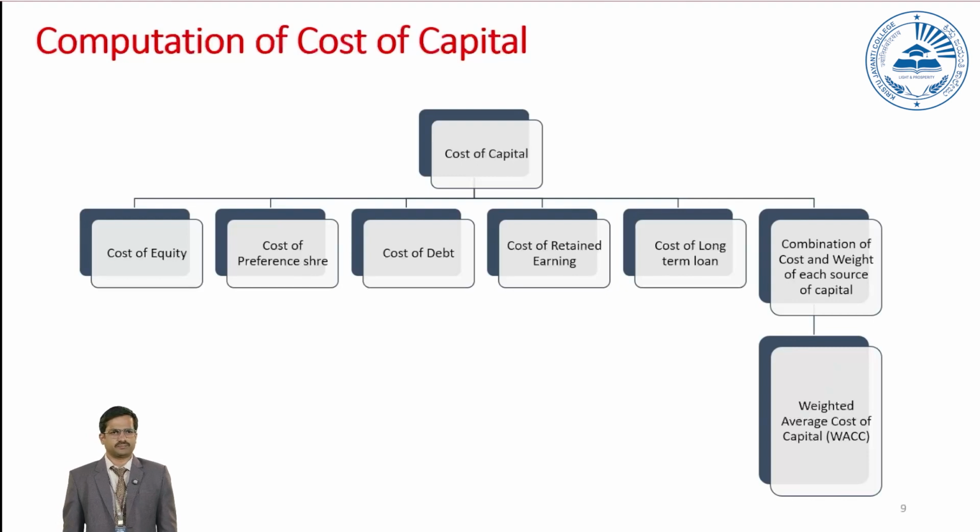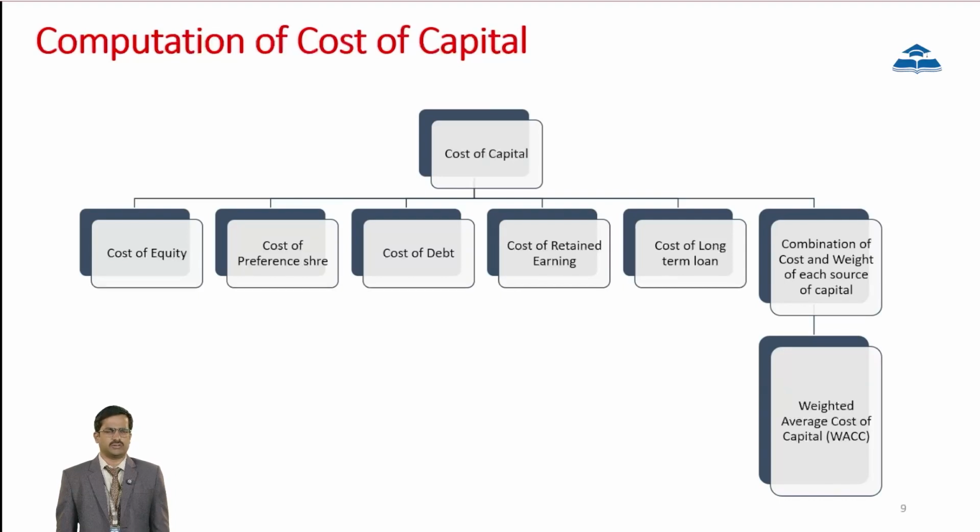Why the flotation cost? When the company issues the shares for the first time, they incur costs like postage, administrative cost, issuing cost, brokerage cost, and commissions. All these costs will be included in the net proceeds, and put together we call it the flotation cost. At the time of issue only, these costs will be deducted.